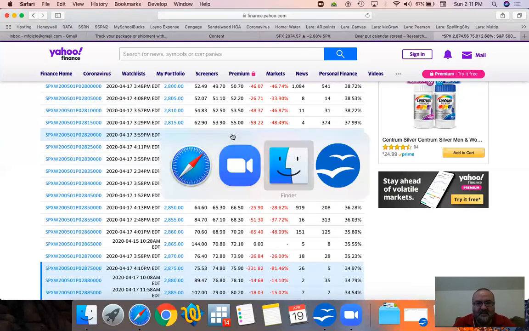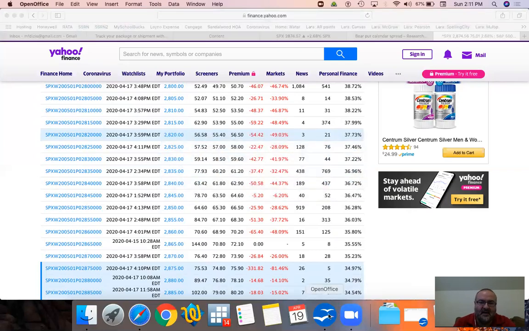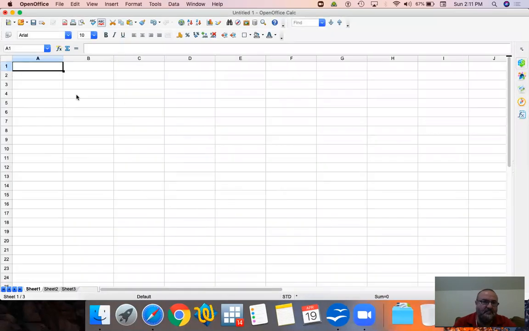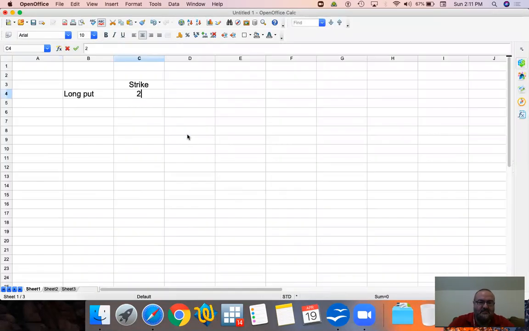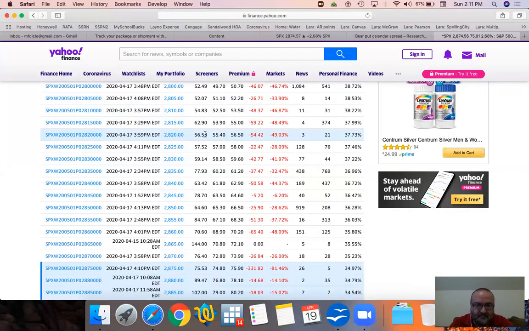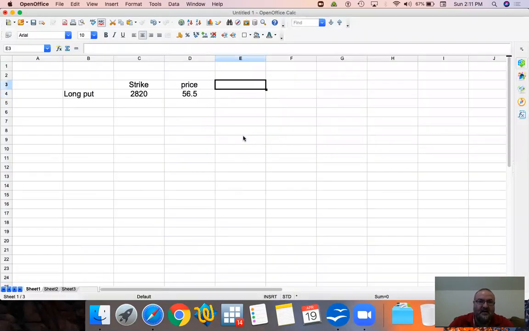So let's set this up on a spreadsheet. So long put, this is a bear expectation with a put. So our strike price will be 28.20, and then the price will be 56.50, and then the cost will be this times 100.